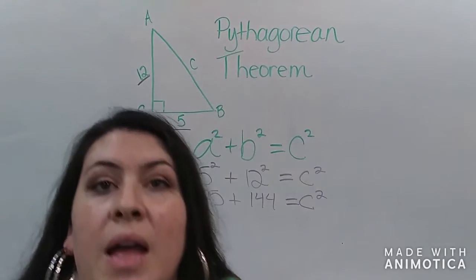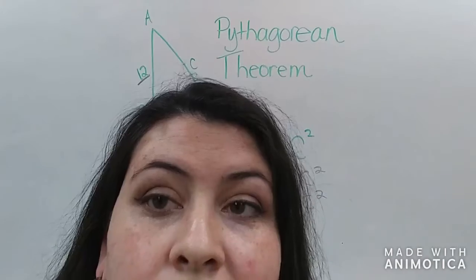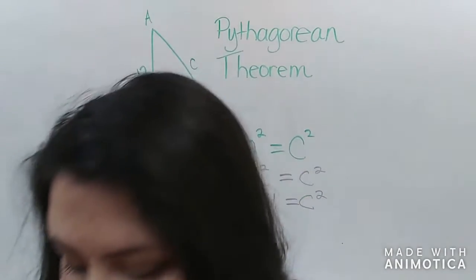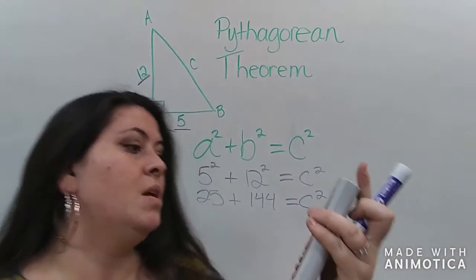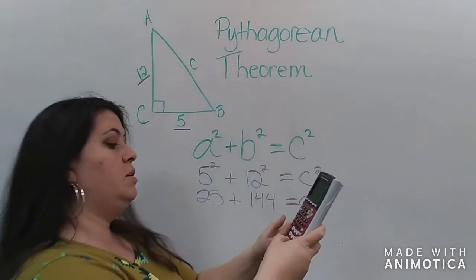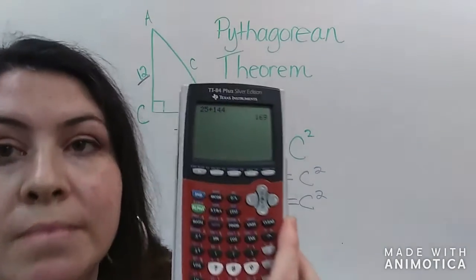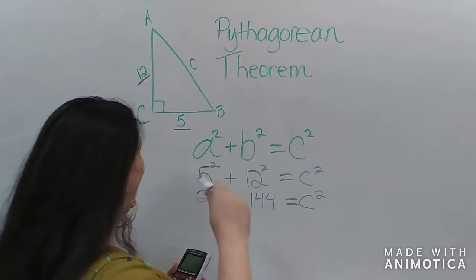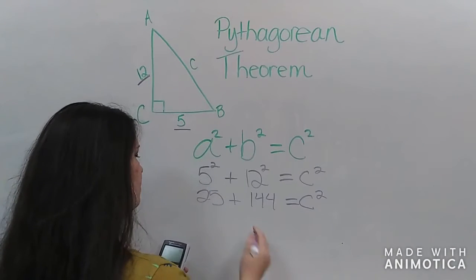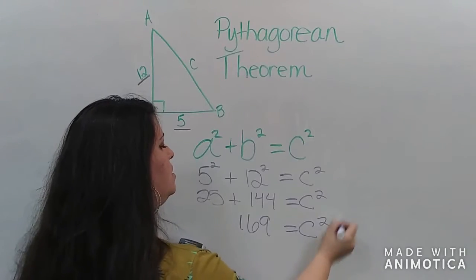Now, at a level where we're applying the Pythagorean theorem, we use our assistant. Tell me, assistant, what is 25 plus 144? 169. So 169 equals C squared.